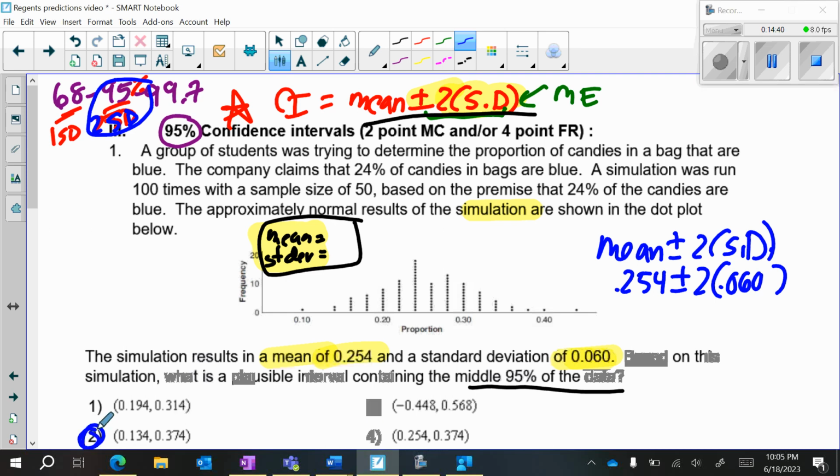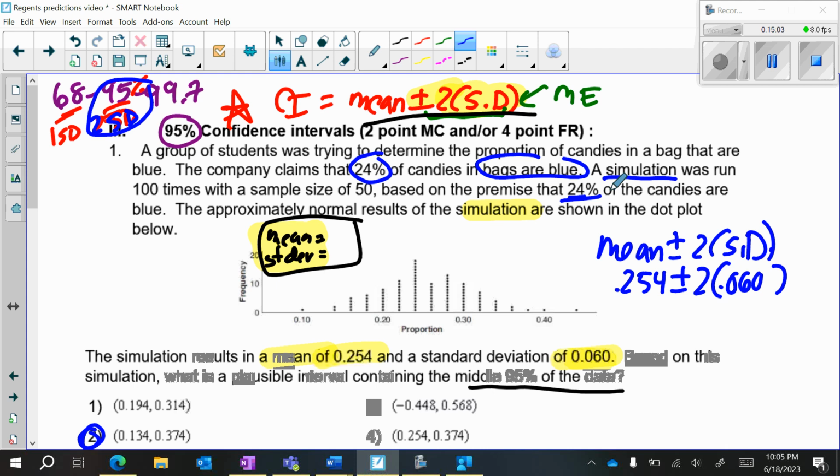All right, so let's say this is talking about a company, like M&M's or something like that, that is claiming that 24% of the candies in their bags are blue. Okay, this is their claim. So they ran a simulation based on the premise that indeed 24% were blue.